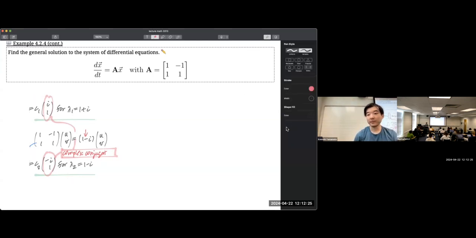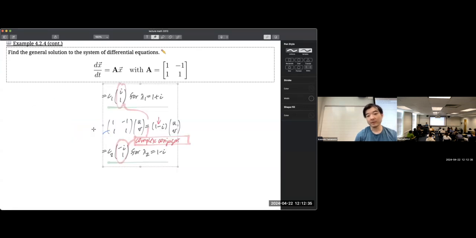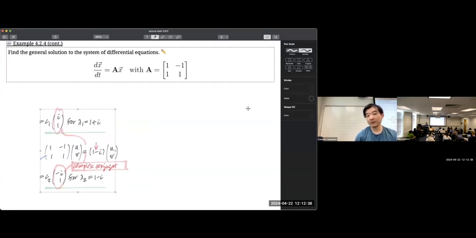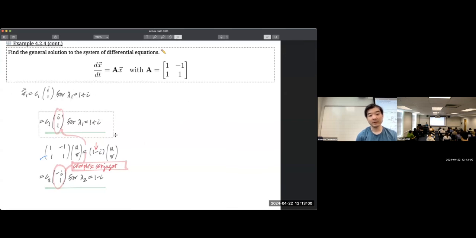Okay, so what I'm going to do is I'm just going to point out that there is a V. I'll just say V1. The first eigenvector was equal to C1 times (I, 1), and this was for lambda equal to 1 plus I. This is one of them, so I can delete this one now.